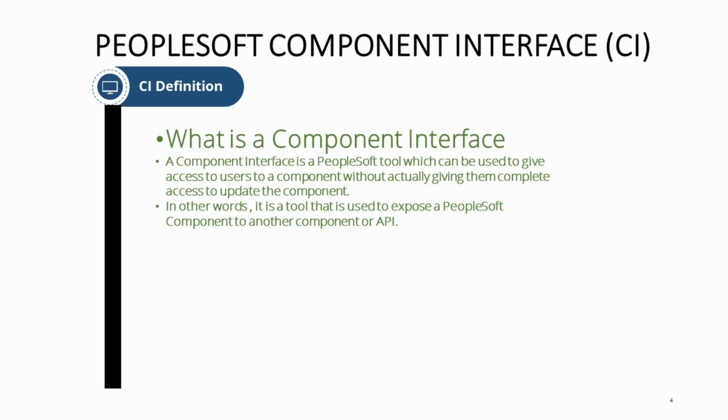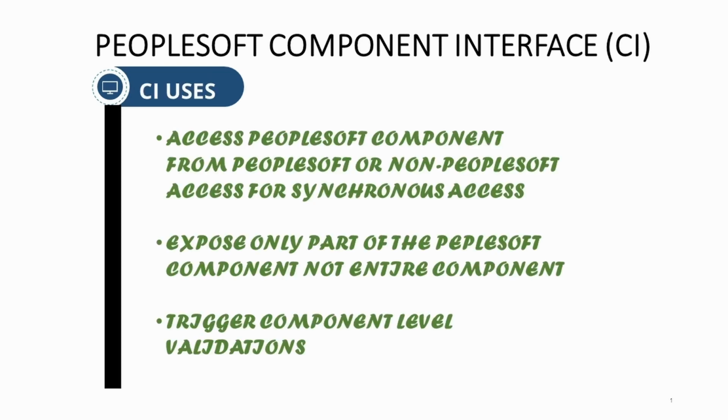So now let's talk about PeopleSoft Component Interface uses. A PeopleSoft Component Interface, or CI as we call it in short, is a PeopleSoft tool. Let us say your requirement is to give access to users or some external system to update some fields in a PeopleSoft page.